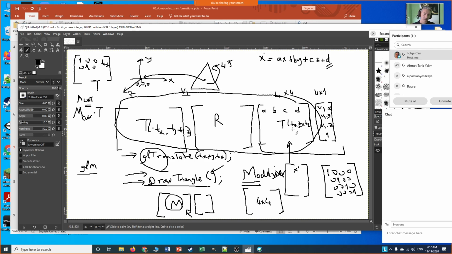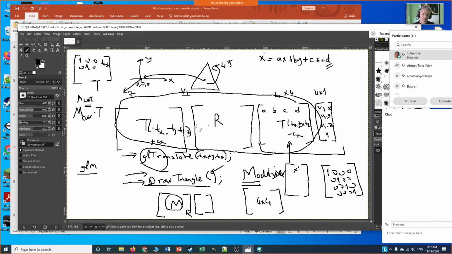This tx is whatever the center of that triangle is, but minus that center, right? In order to move that center to the origin, we need to first give the negative center coordinate values, so this minus tx is going to be plus tx.